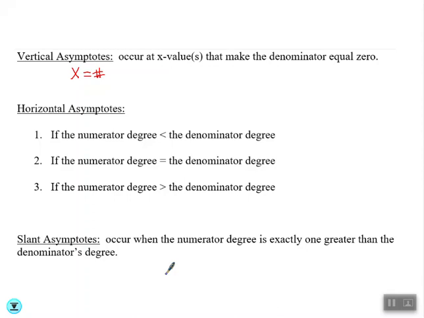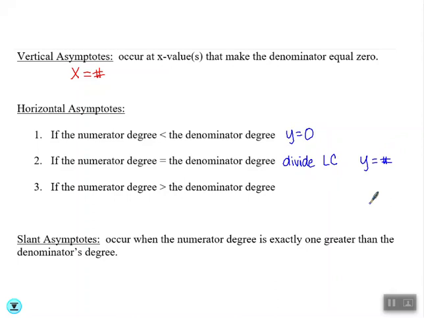So, if the numerator degree is less than the denominator degree, then your horizontal asymptote will be y equals 0. If the degrees are equal, you need to divide the leading coefficients. And you'll have y equals a number.